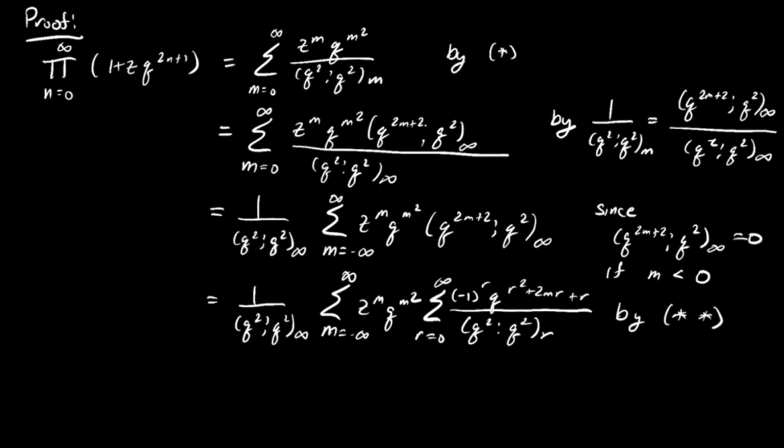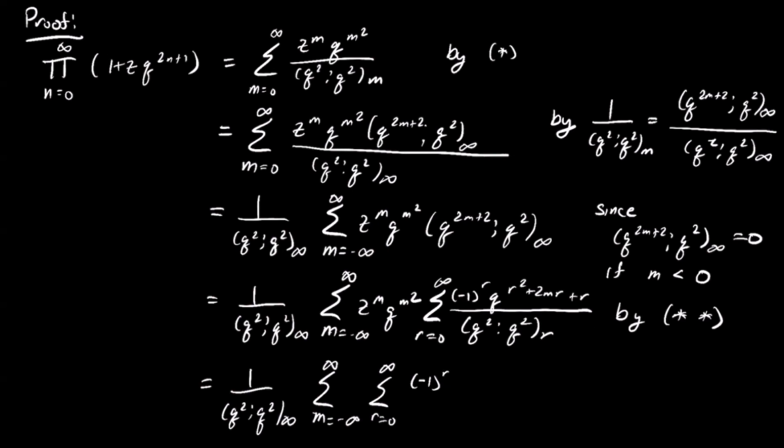And what I'm going to do is rewrite this. I'm just going to do some algebra here. So this is going to be 1 over (q squared) sub infinity, and I'm going to write this as the sum, m goes from minus infinity to infinity, the sum, r goes from 0 to infinity. And I'm going to rewrite this in the following clever way. I'm going to move the negative 1 to the r to the front.